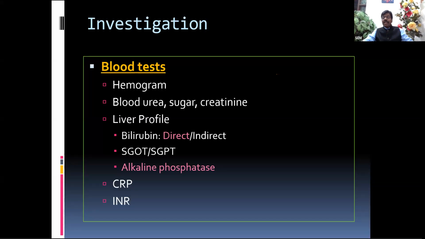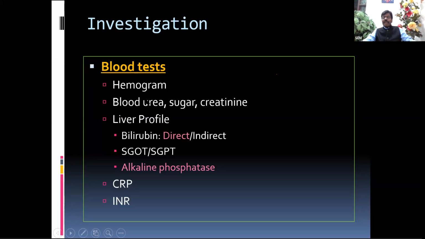There will be leukocytosis, neutrophilic leukocytosis. That's what you need to tell. And urea and sugar are important. Why important? Because diabetic people are more prone to gallstone, and more prone to developing problems like empyema of gallbladder. So you look at the patient's sugar.